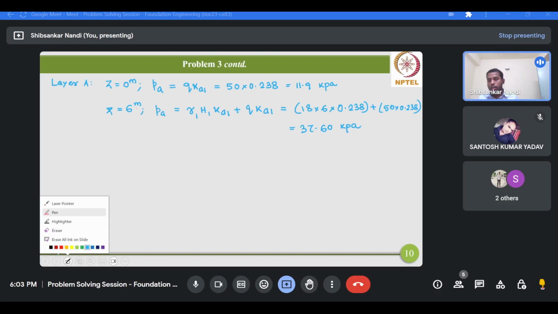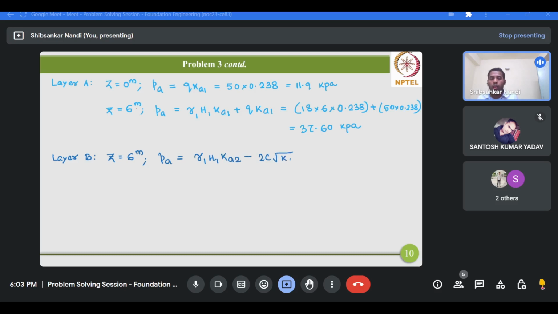Now we'll consider layer B, Z equals 6 meter. Here it will be gamma 1 H1 Ka2 minus 2C root under Ka2.